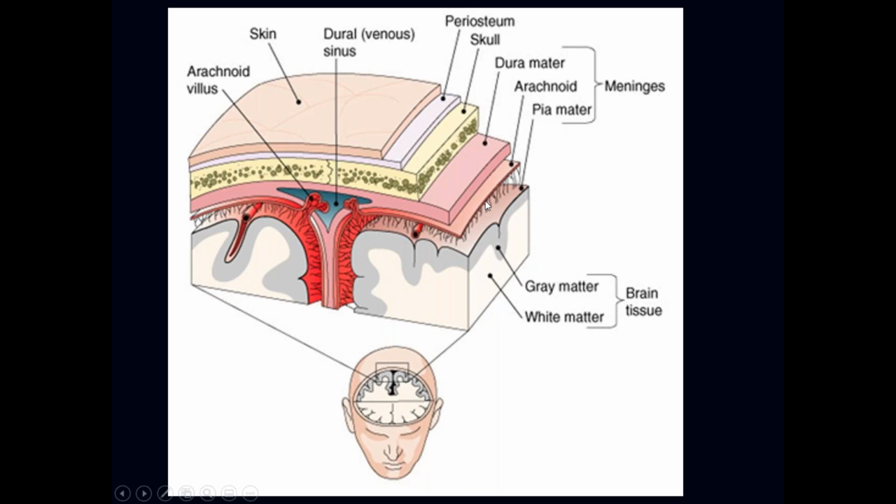And why is it called arachnoid? Arachnoid means spider. Can you see these lines here? Imagine the ceiling of your room where you are right now, when you look up. That is the arachnoid membrane.